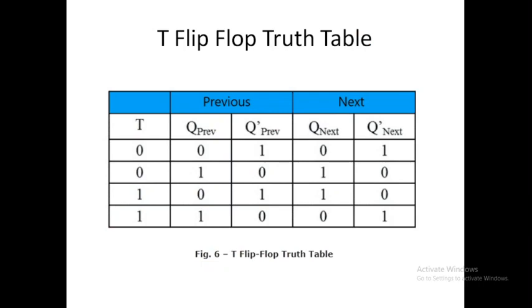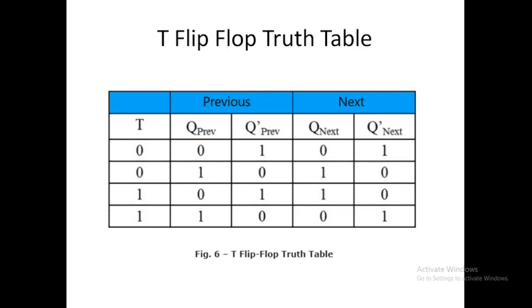This is the T flip-flop truth table. When T equals 0, then the previous state will be the next state. But when T equals 1, then the next state is toggled from the previous state, that is 1 for 0 and 0 for 1, right?